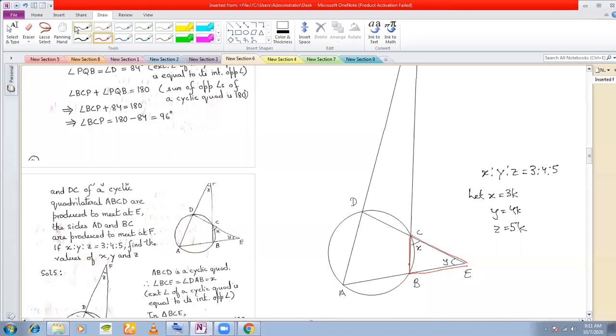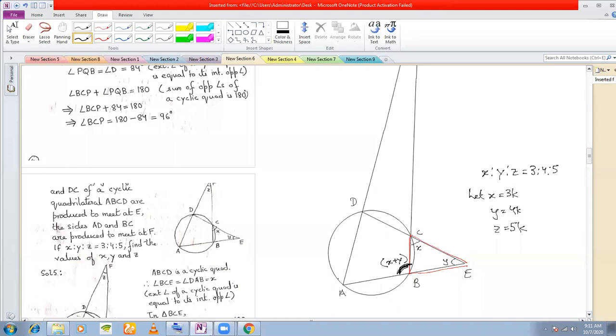This angle, this one. So in the red triangle that I have marked, this angle must be the sum of two interior opposite angles. So this angle must be X plus Y. Right or wrong? Any question here? Or anyone who could not understand?